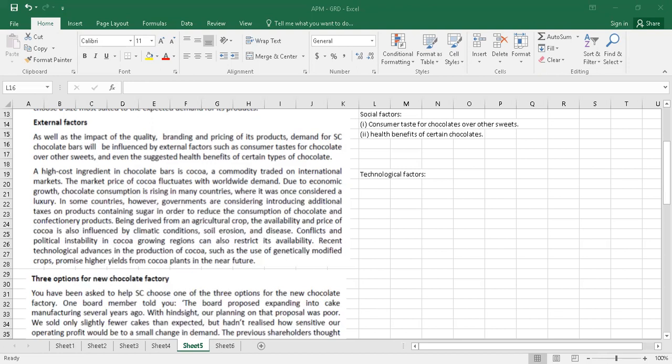The worldwide demand for cocoa. So if it is fluctuating, it's an economic factor.